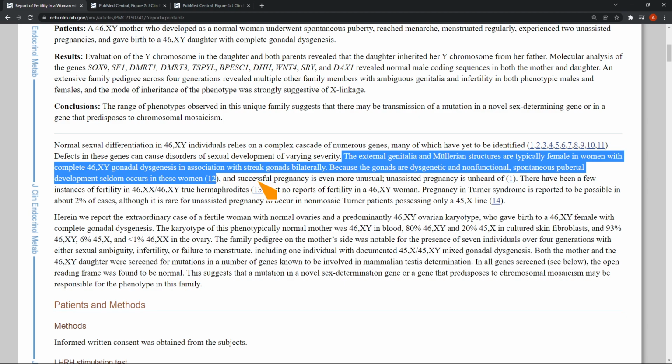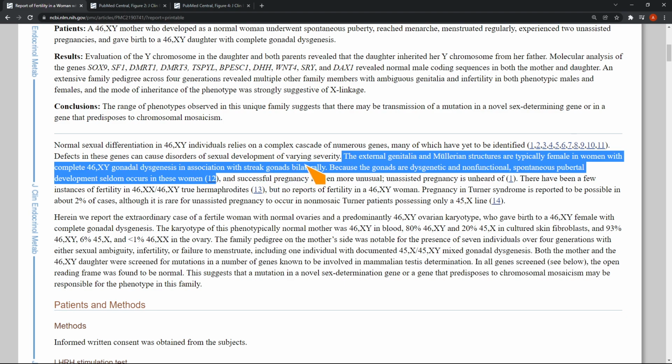They are usually very thin. Their genitalia is usually typically female presenting, but they are not known to go through puberty normally. They usually have to have hormone treatment because they don't have ovaries at all.